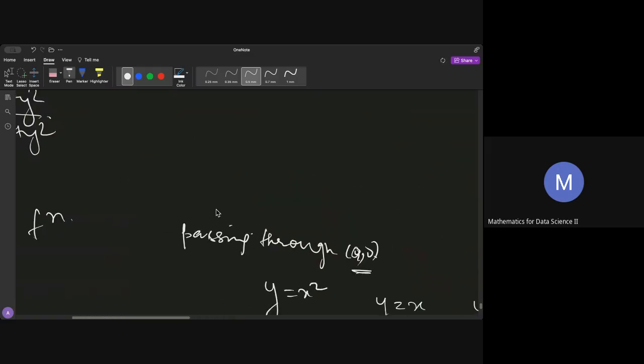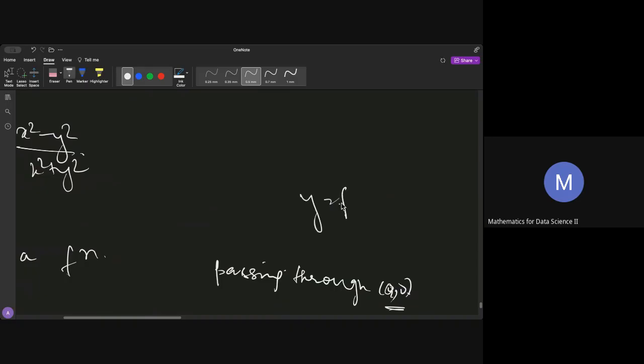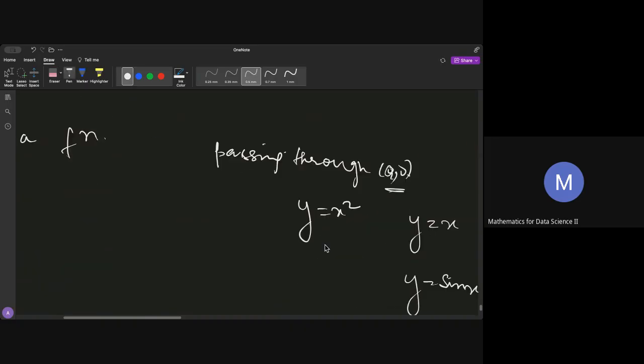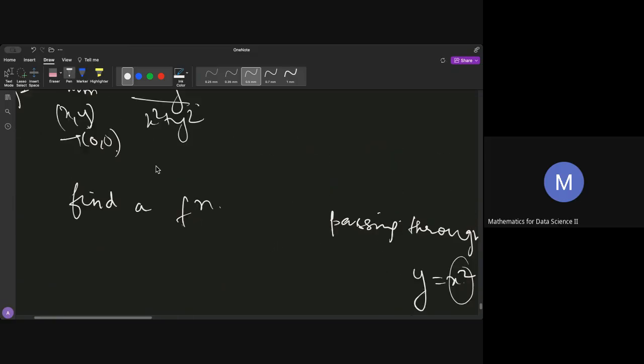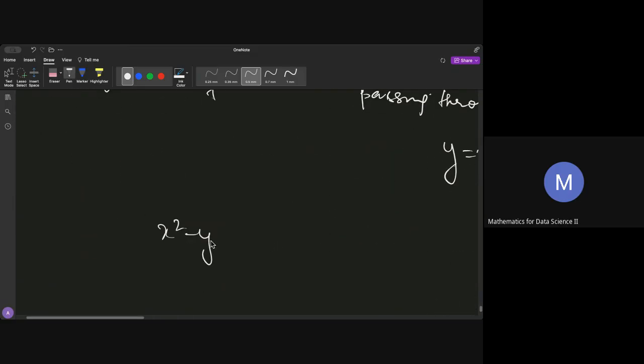What you have to do now is put y is equal to f(x). So you just have to put y is equal to these things, x square. So let's put y is equal to x square here. My function is (x square minus y square) by (x square plus y square).